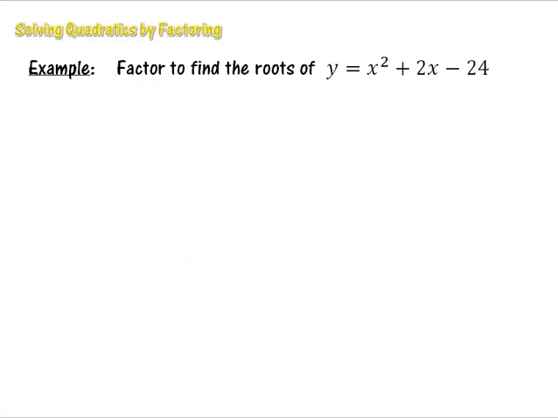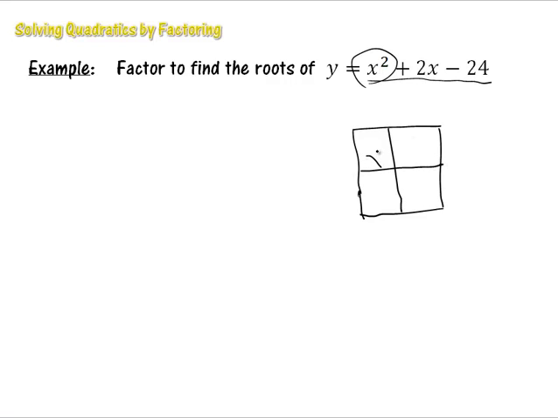Okay, so here's our example. Factor to find the roots of y equals x squared plus 2x minus 24. So we're going to factor this polynomial. Okay, so if you remember, when we factor, here's what we do. We make a box, the old box method. We're going to put the first term in the top left box, the c part in our bottom right hand box.